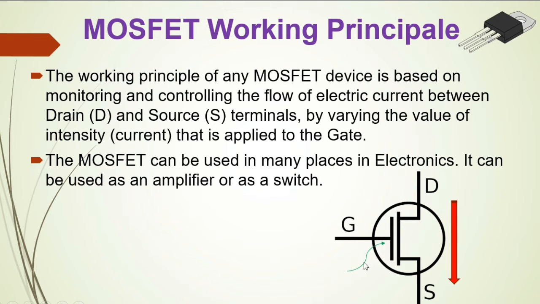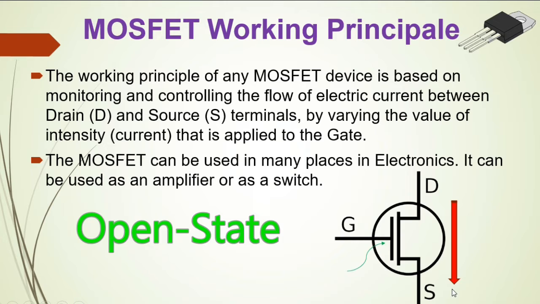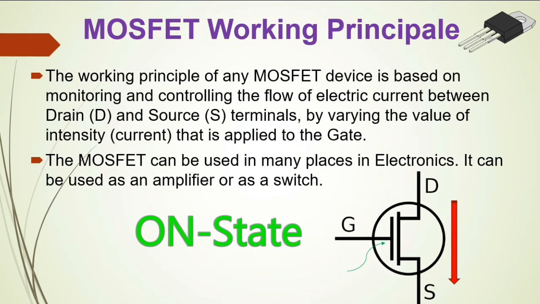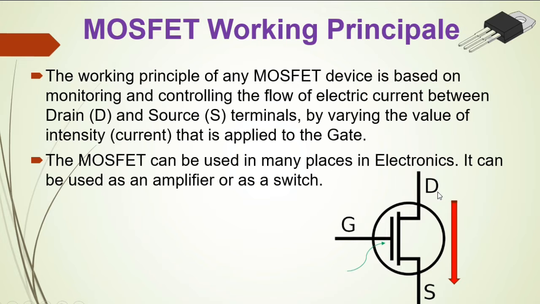As you see here, when the voltage arrives at the gate, the MOSFET goes to open state, or on state, and the current flows from drain to source. The flow of electric current between drain and source is determined by the voltage that arrives at the gate.